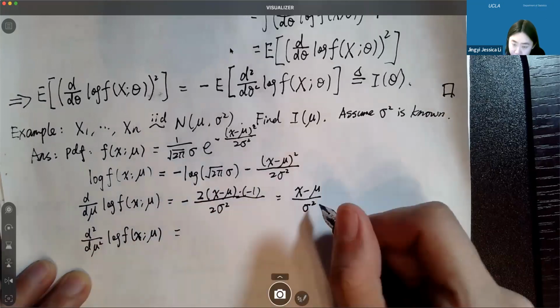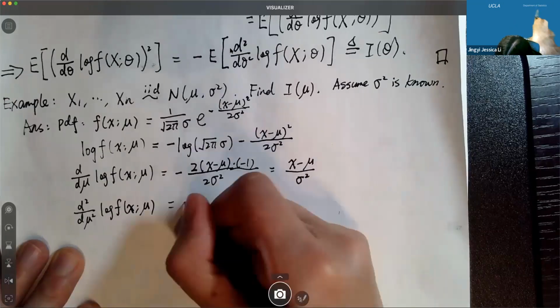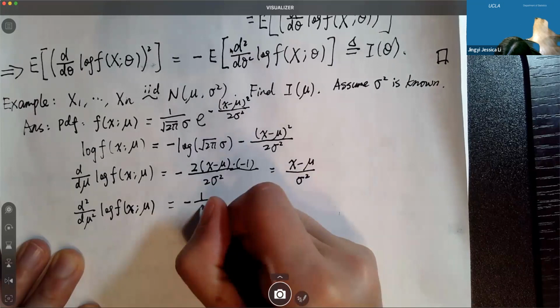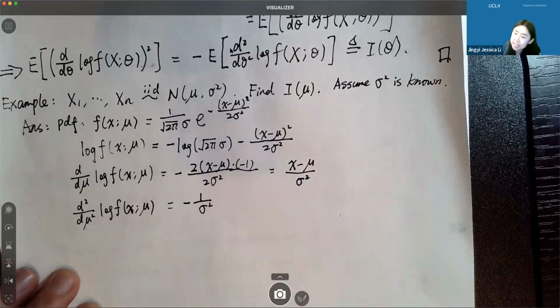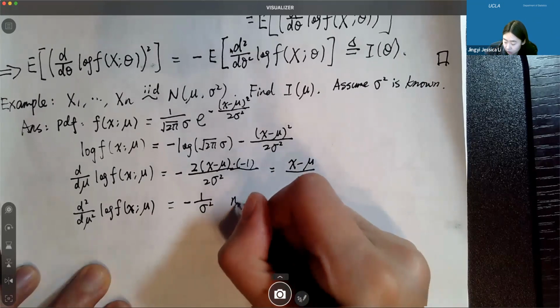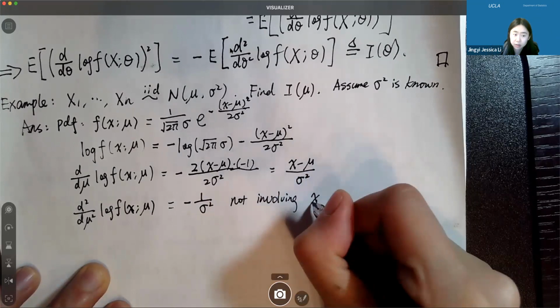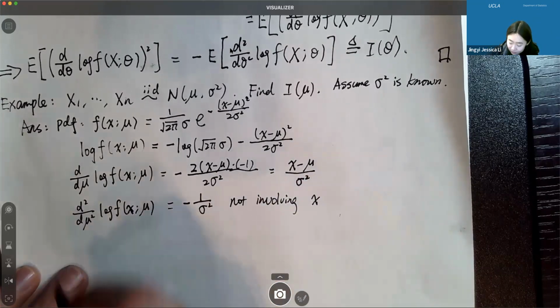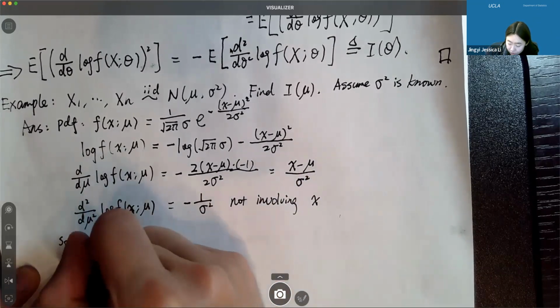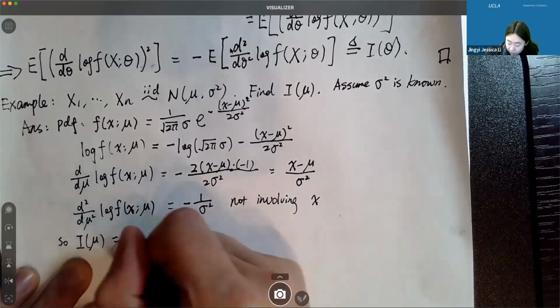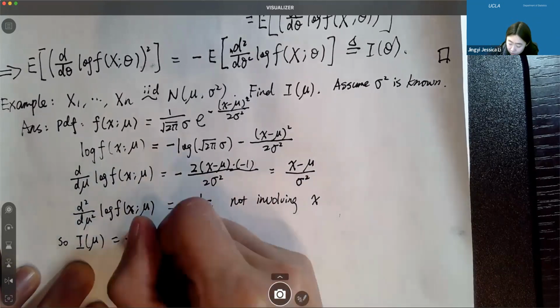One more round of differentiation gives just negative 1 over sigma squared. You see, it has nothing to do with x, not involving x anymore. Therefore, the Fisher information here is defined as the negative expectation.